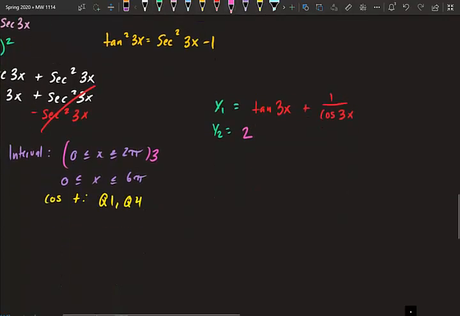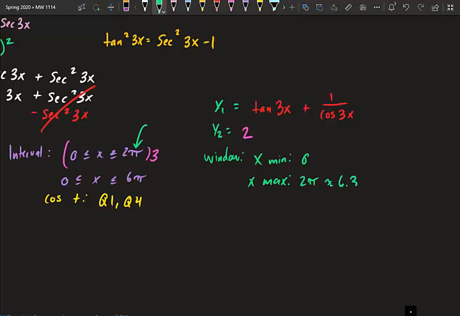Alright, then our window. So it's always going to be 0 for your minimum. And then we have our x max, which is 2 pi, and 2 pi is approximately 6.3.